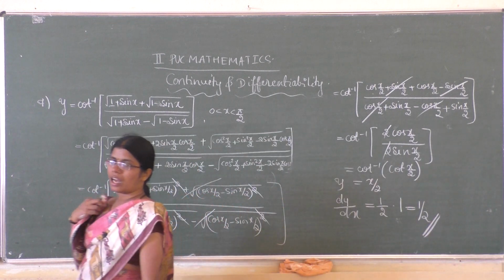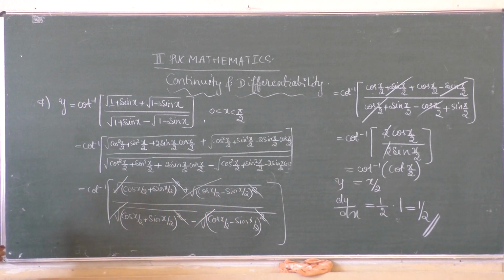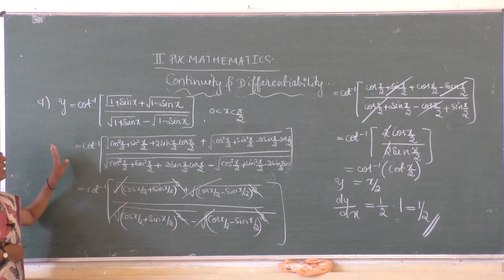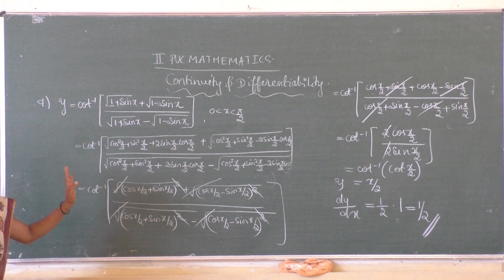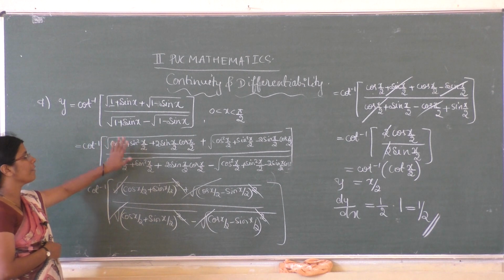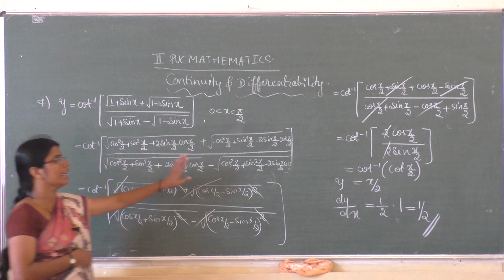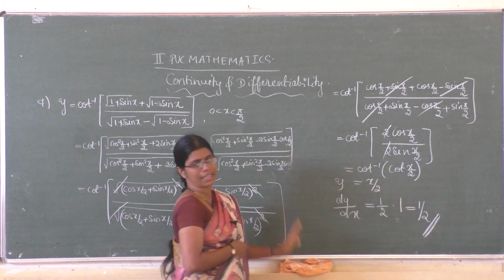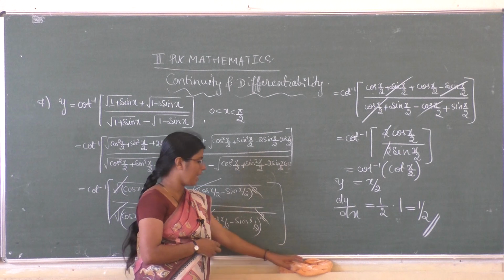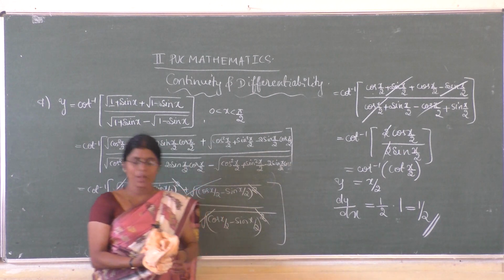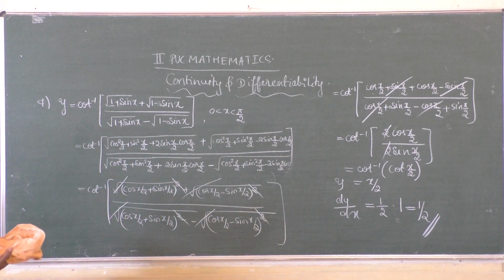Okay, so this is how we solve this particular problem. Once a function is given, you have to do the simplification properly, by using the formula which we studied already. Using the formula we simplify this function, and then take the derivative. Always for inverse trigonometric functions, try to do simplification.